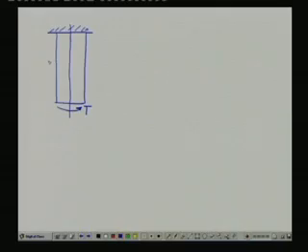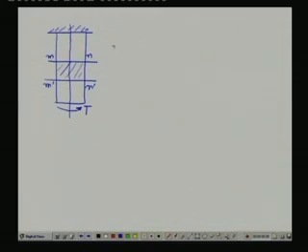So, if we consider a section somewhere here, a section MN, M dash, N dash, we will just bring out the section to have a little exploded view.